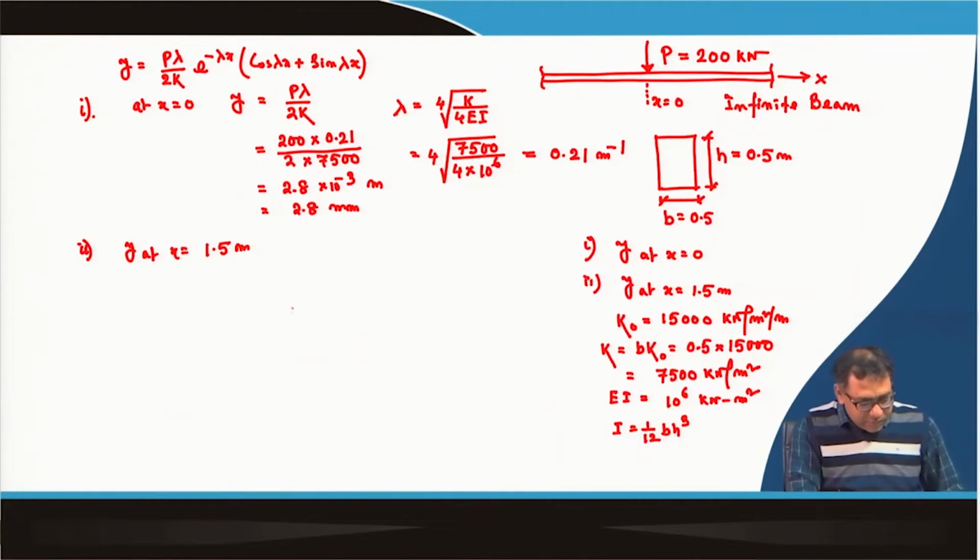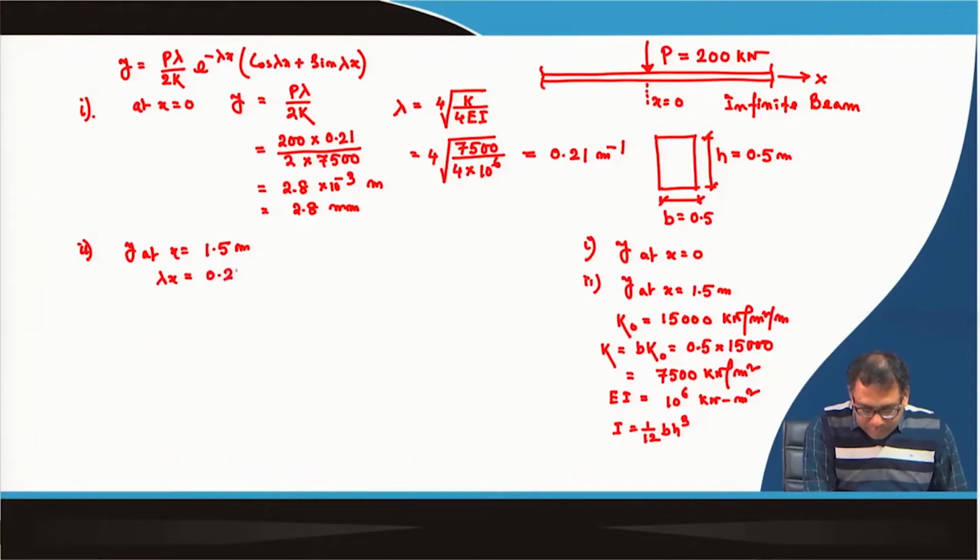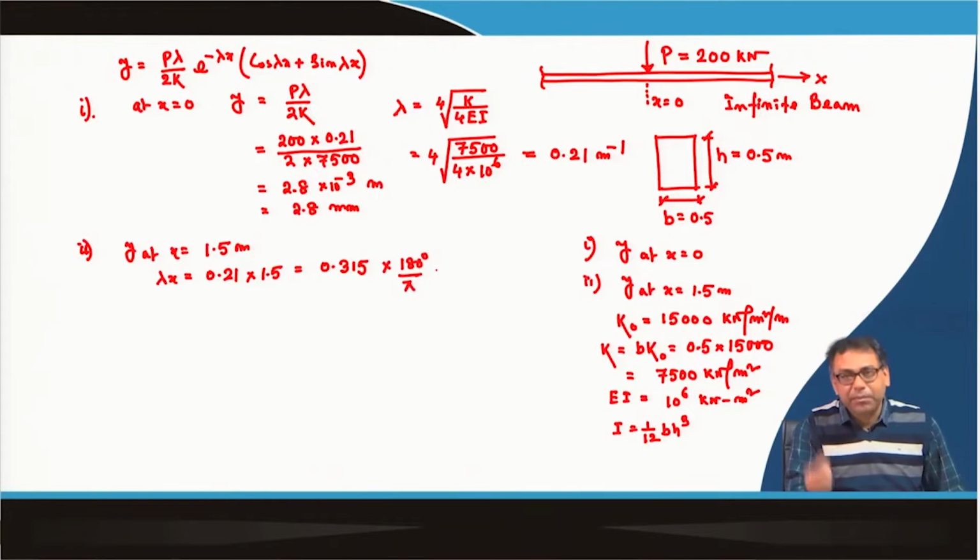At x equal to 1.5, the lambda x value is equal to 0.21 into 1.5, so this is 0.315. If I multiply 0.315 by 180 degree divided by pi, because when we use lambda x in sine and cos, we have to convert it to degree, since lambda x is in radian.